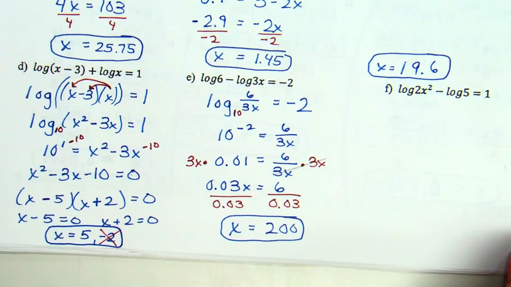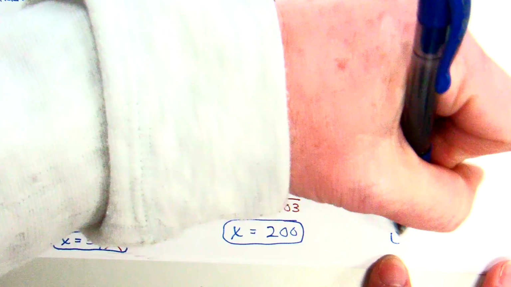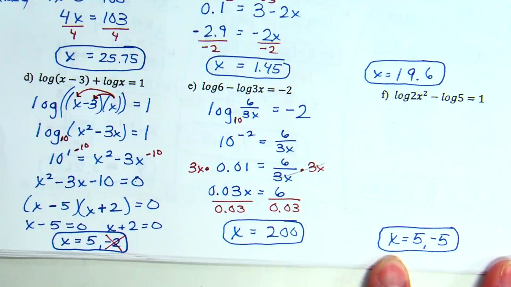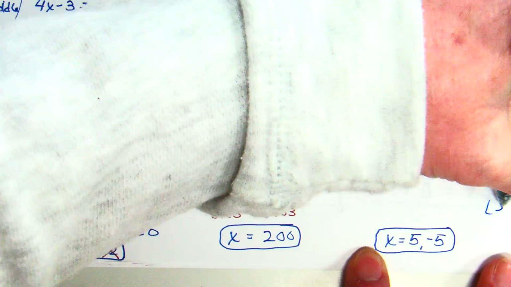I'm not going to do F. If you want to check it, look at it a little bit in Math Excel, or if there's anything we need to check in Khan Academy. I will tell you on F, your answers are 5 and negative 5. And they do both actually work, because when you put that negative in, you have to square it. So that's what allows it to work.